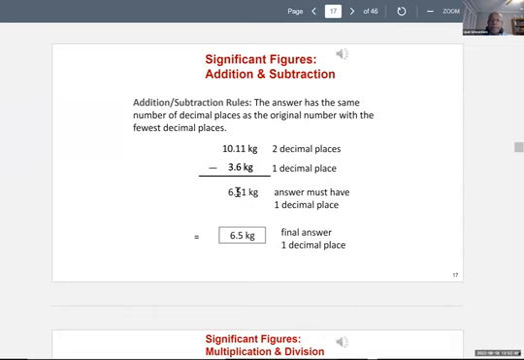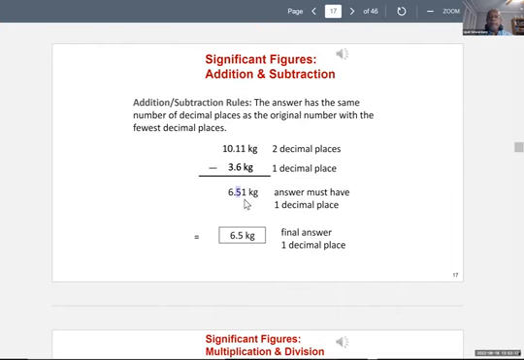The uncertainty should be the highest uncertainty. It should be in the 5, because the highest uncertainty is in the first decimal place, which is the 6 in the second number. Therefore, this number has to be rounded off to the first decimal place. How do you round off the 1 to 5?